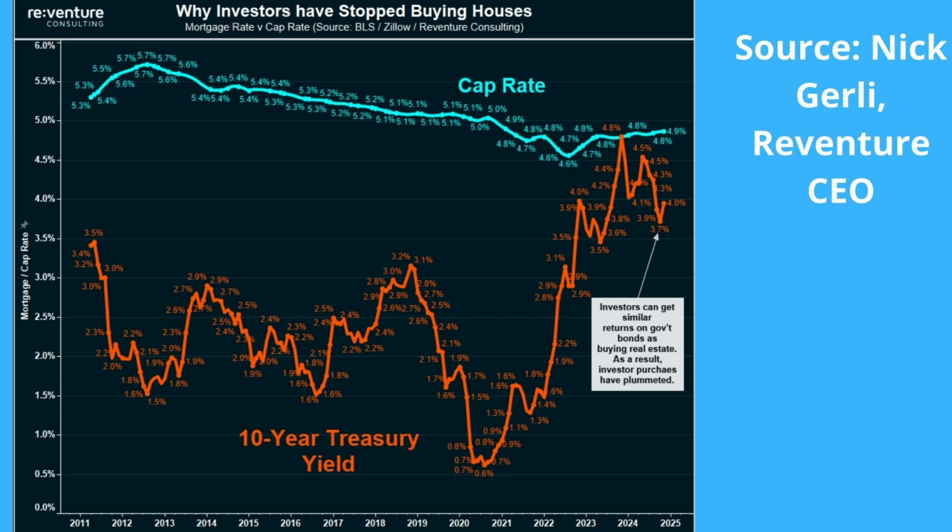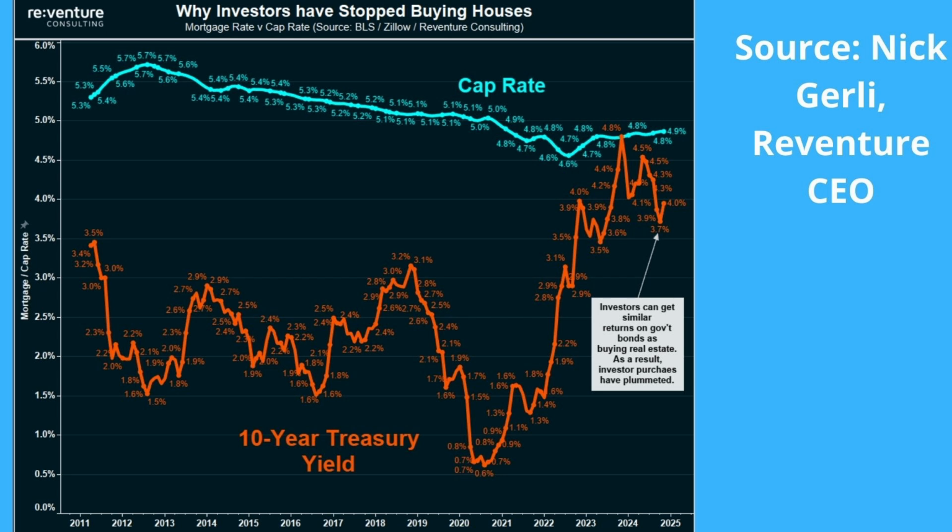Currently it is around 4%. And you can see the cap rate very stable at 5%, but it has been going down because prices of houses have gone up. So now the spread is almost only 1%. Now this cap rate is based on their model, so we are not sure, but we think the cap rate is around 5.5%. So it's a good analysis.